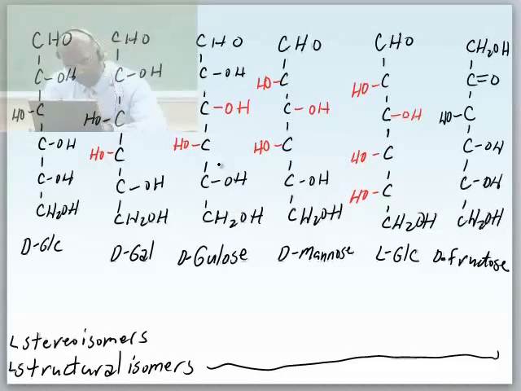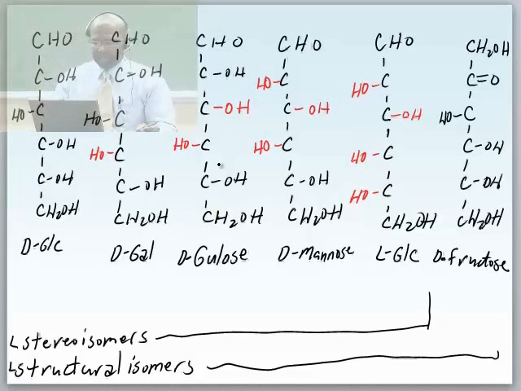Fructose is not. Everyone with me so far? Let me know if it doesn't make sense. So D-glucose, D-galactose, D-gulose, D-mannose, and L-glucose are all stereoisomers. Are they structural isomers? Yes, they are structural isomers, but they're also stereoisomers.